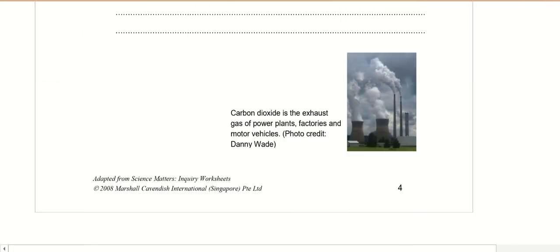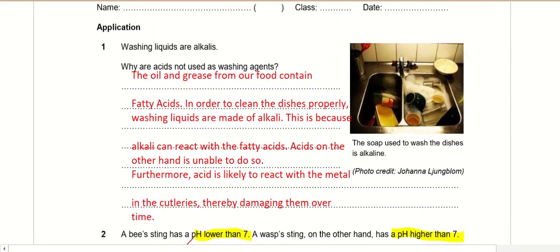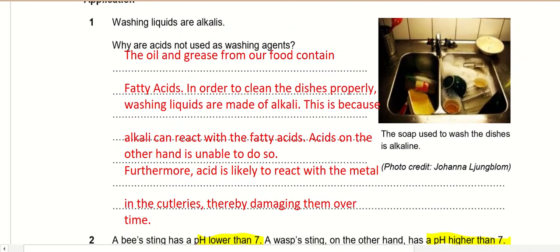Is that all? Now you have one bonus question at the end, which is actually placed at the start of my document here. Why are acids not used in washing agents? Washing agents, of course, we're talking about detergents, soap, whatever, these are alkaline.